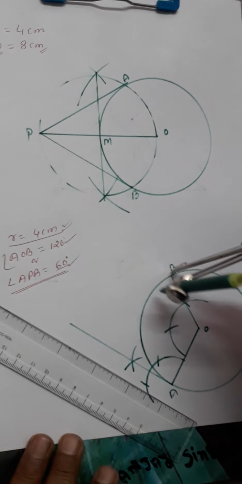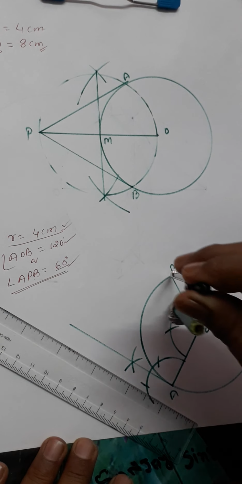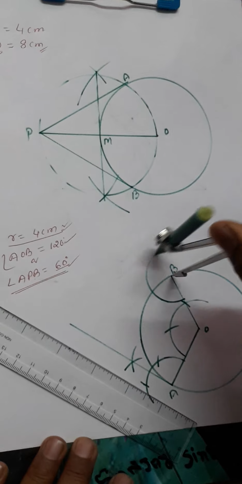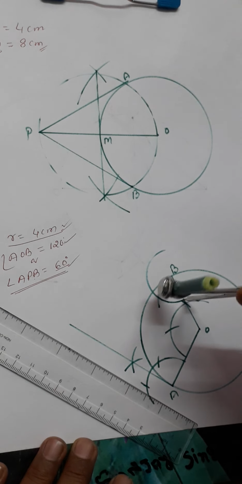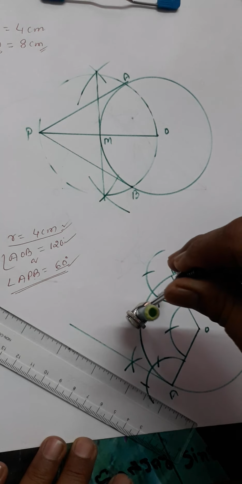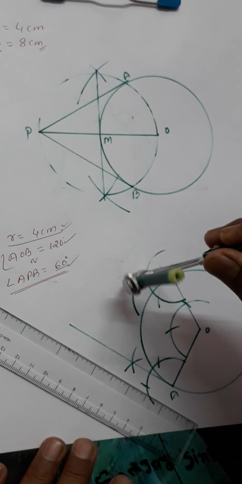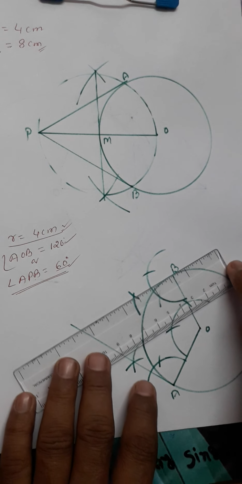Again, we will draw an angle of 90 degree at point B here. Another arc from here. This. Now we will join these two.